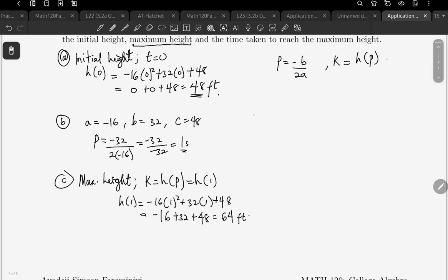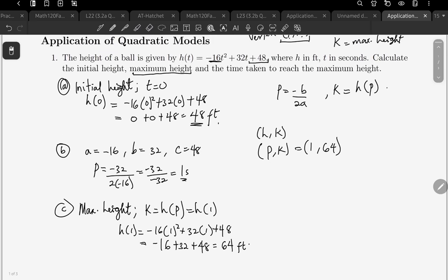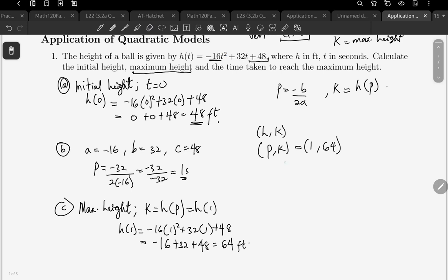Basically, what we've done is to find the vertex P, K, which we used to write as H, K. In this case, it is 1, 64. So if we're interested in rewriting the standard form of this model in vertex form, it would be H of T is equal to negative 16.